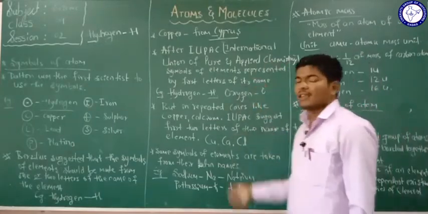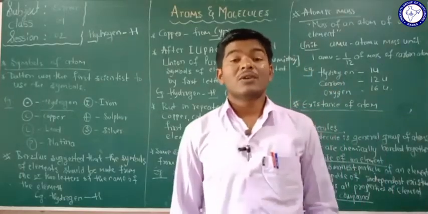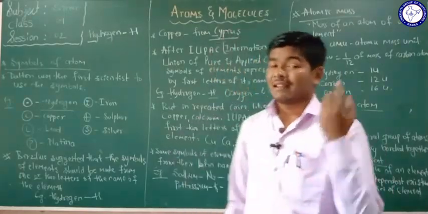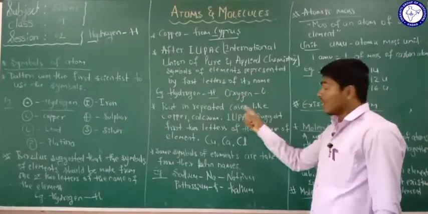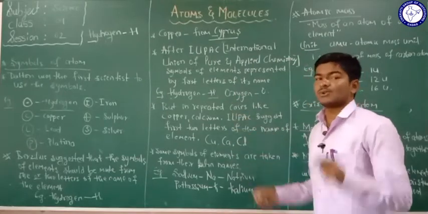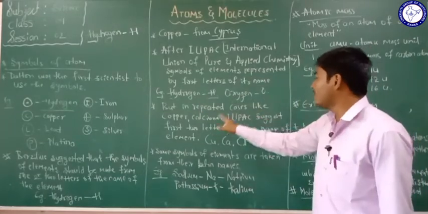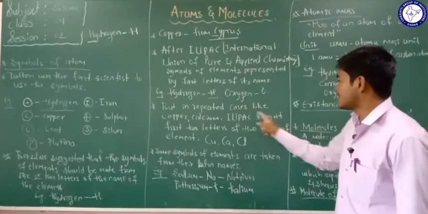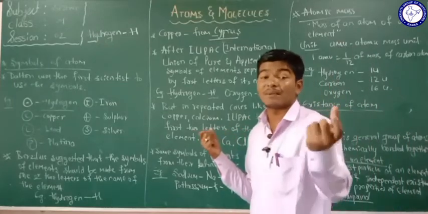It is very easy to symbolize the elements, but one problem arises when we consider elements which start with the same letter, like carbon, chlorine, calcium. What are we going to do then? In repeated cases like copper and calcium, IUPAC suggests that the first two letters of the name of the element should be taken to represent the element.